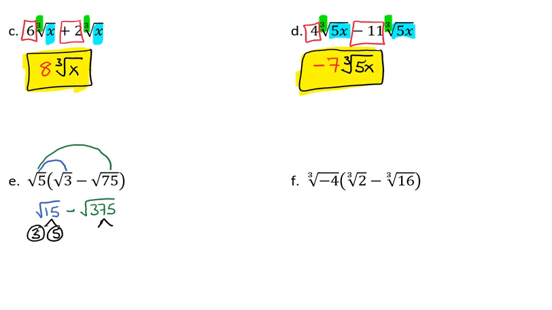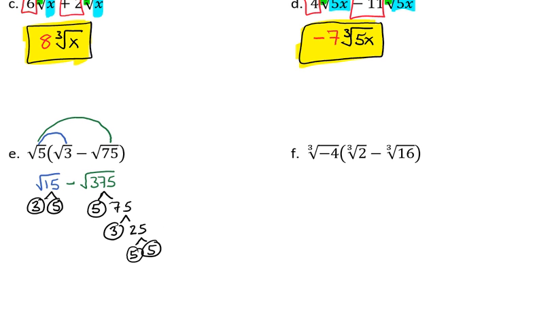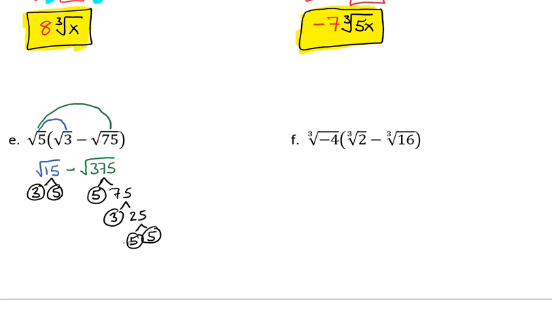But 375 can be broken into our 5 and our 75. And 75 is 3 times 25, and 25 is 2 5s. And we're looking for groups of 2, so here we see that we have a group of 2 5s right here.